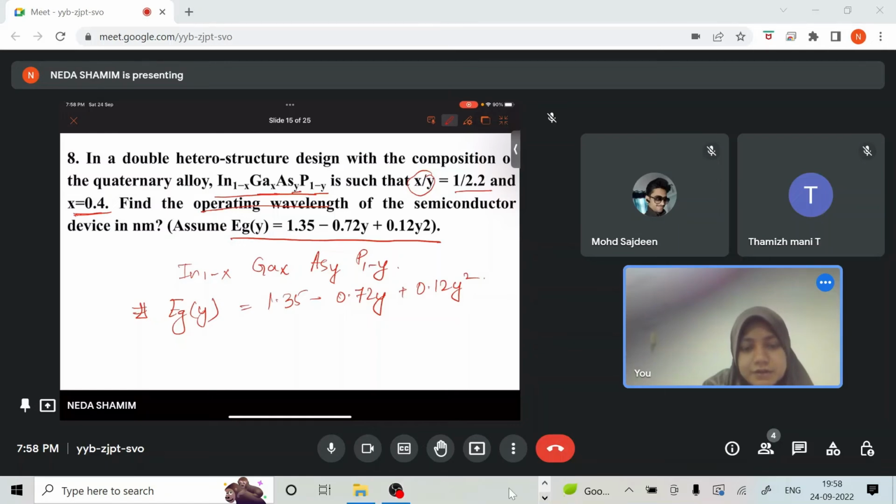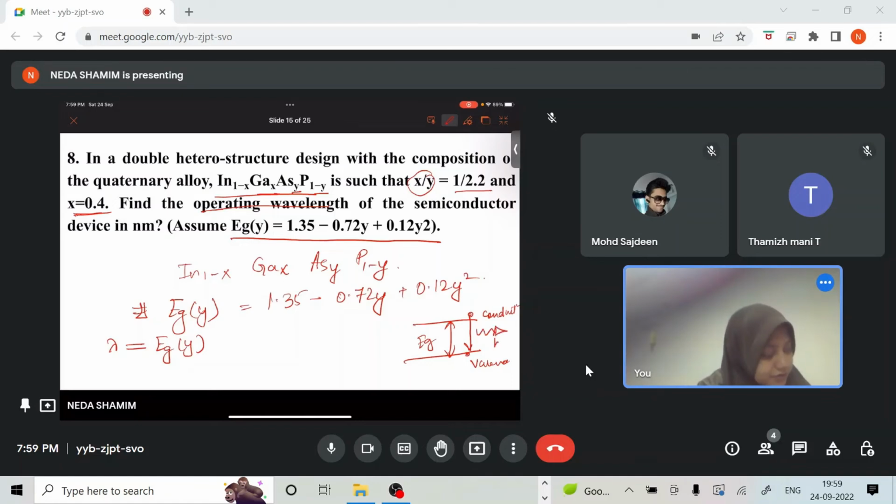Okay, I'll tell you. Operating wavelength means what wavelength will correspond to this energy gap. That is the meaning. So if I have my diode, this is my energy band gap Eg, this is the conduction band, this is the valence band, and if there is a recombination of carriers, then there is emission of a photon.